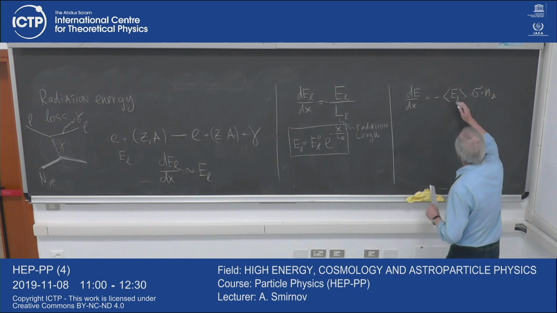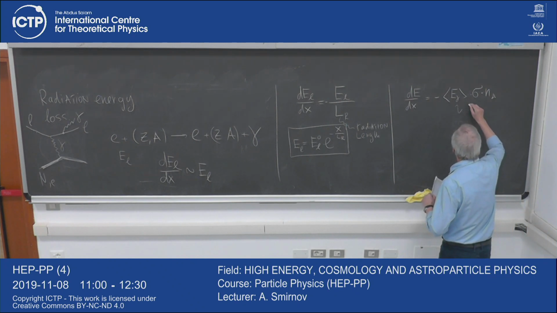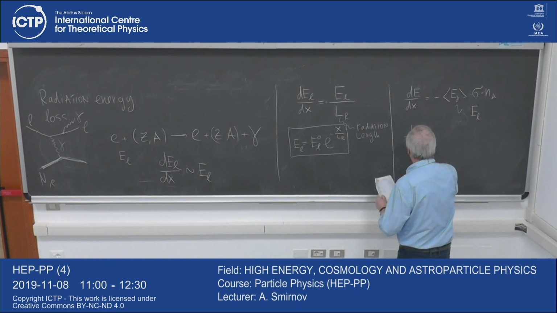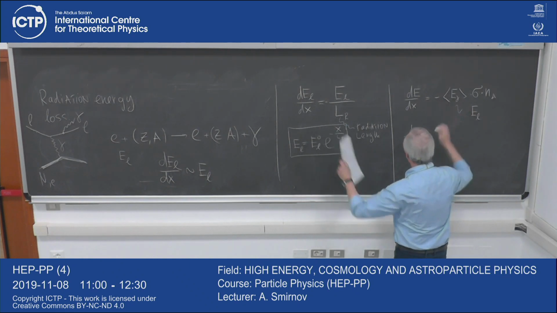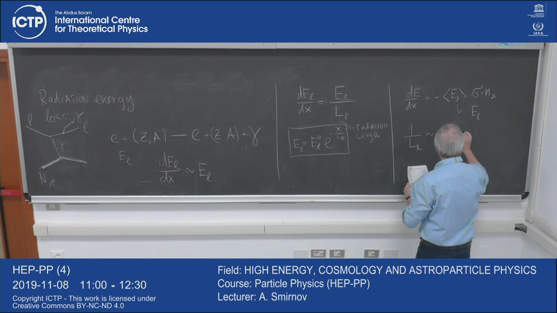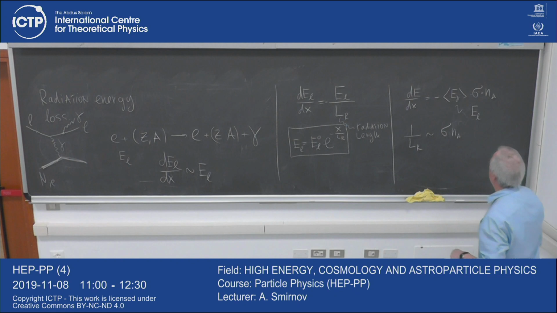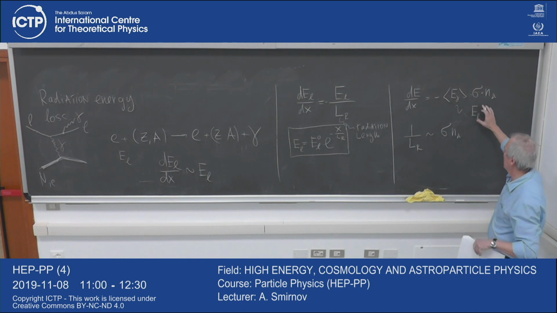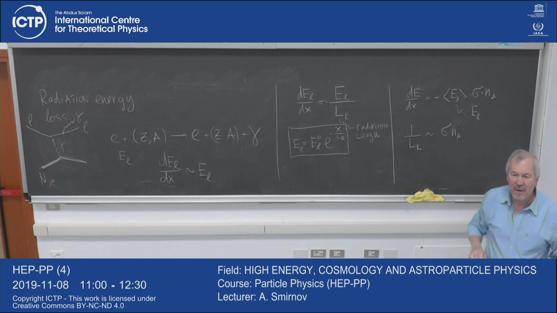So this average energy loss is proportional to the energy of the particle itself with some coefficient. And therefore 1 over L_R, if we compare these two expressions, is sigma and A. Of course the average is slightly smaller than the energy of the particle.